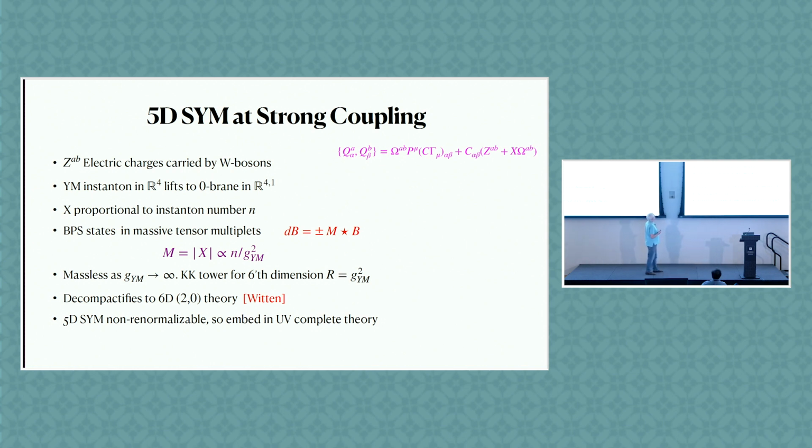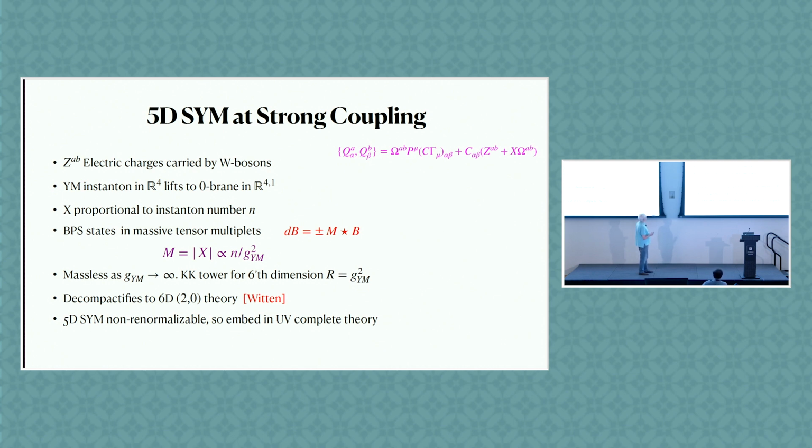So in 5-dimensional Yang-Mills, the Z's, the electric charges, are spontaneously broken. These are the electric charges carried, for example, by the W bosons. And the Yang-Mills instantons lift to these particles with X proportional to the instanton number.